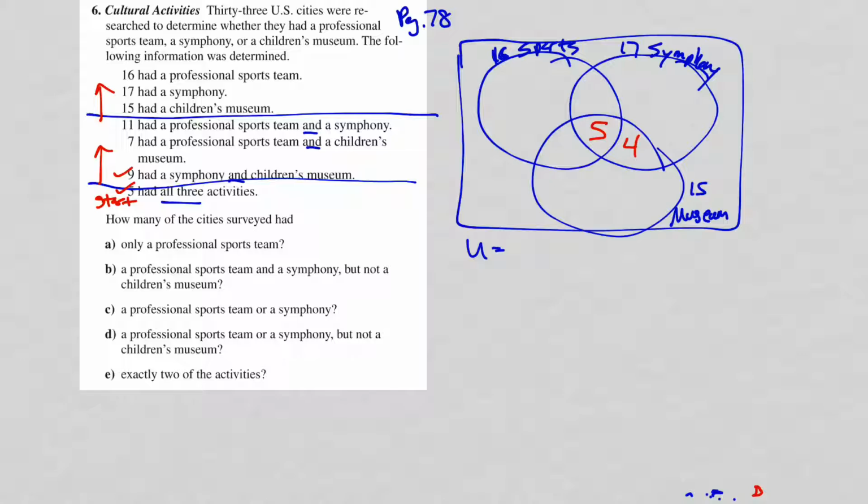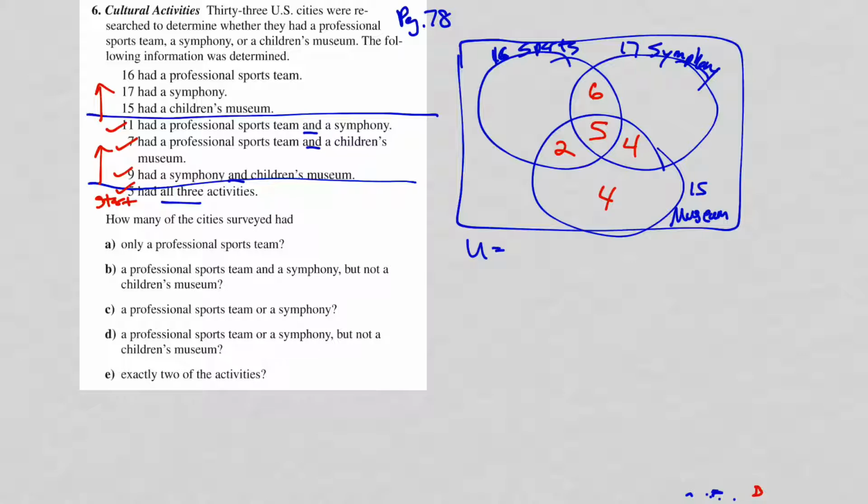That's the left pedal. So if I have 7 in there, I need a 2 right here to make 7. 11 would be the top one. So I need a 6 right here. And then for Children's Museum, which is the bottom one, I need a 15 total. So 15 minus 11 is 4.